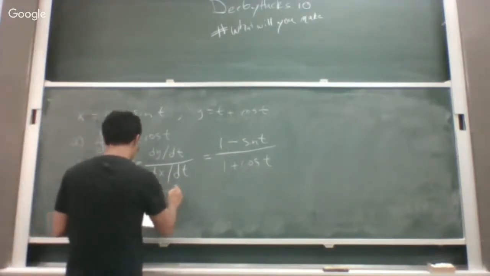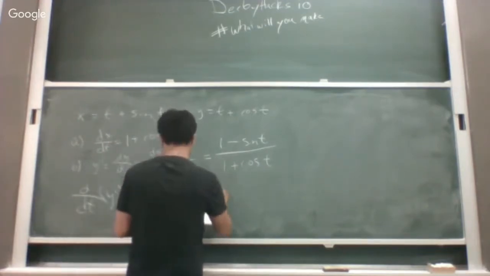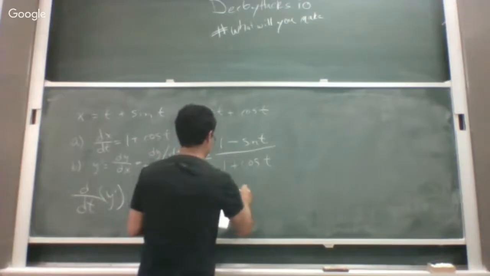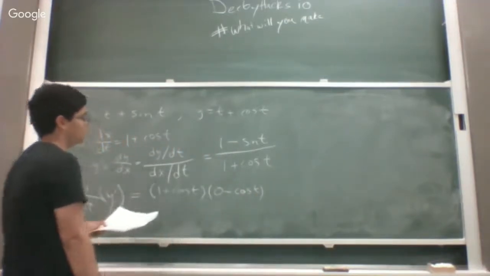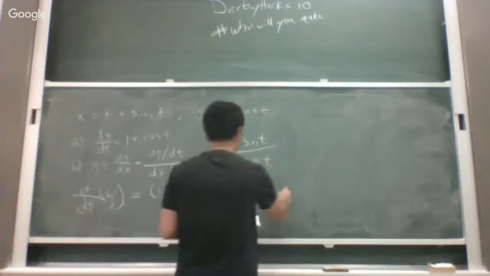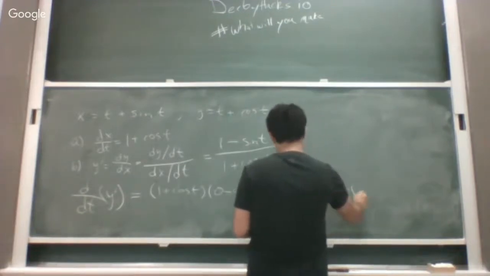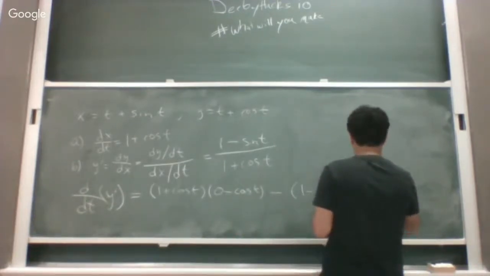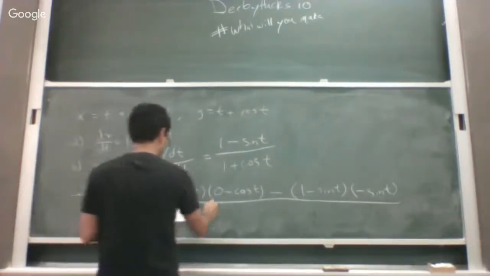So we have 1 plus cosine of t times the derivative of the top, 0 minus, sorry, the derivative of the bottom. Low d high minus high d low, divided by low squared.